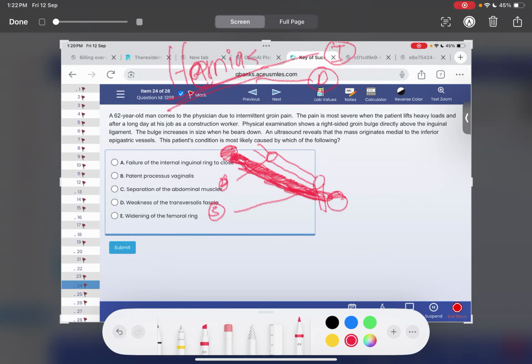Now the most important thing in hernias is the inferior epigastric vessels, either vein or artery. The most important thing to remember is the inferior epigastric vein.